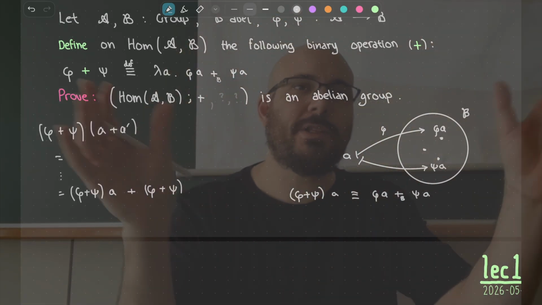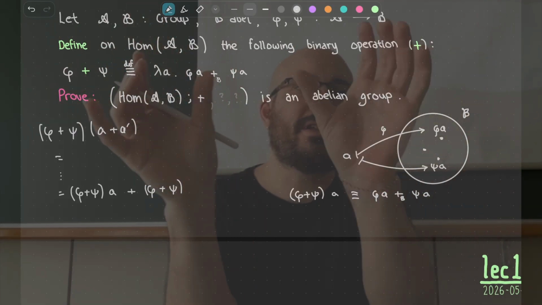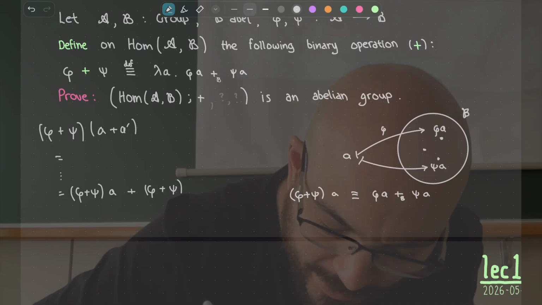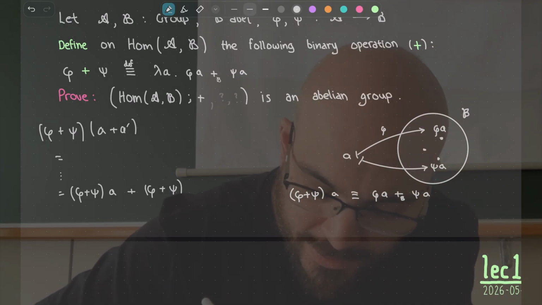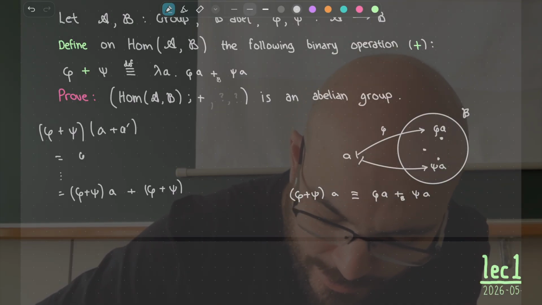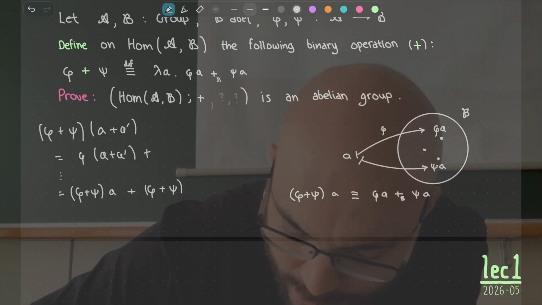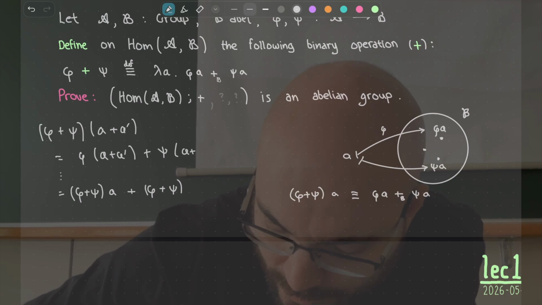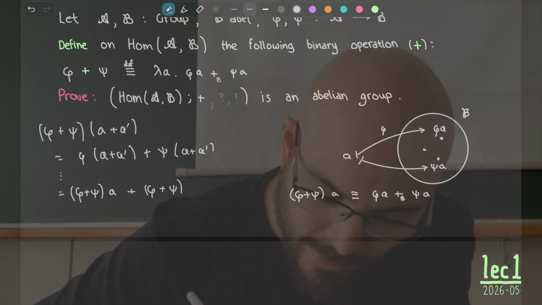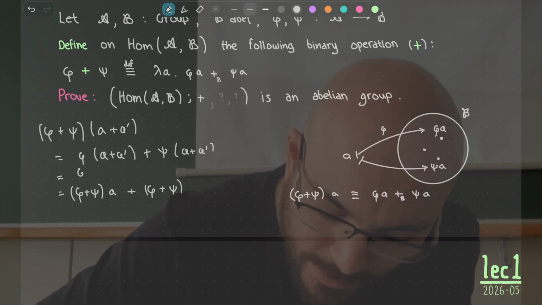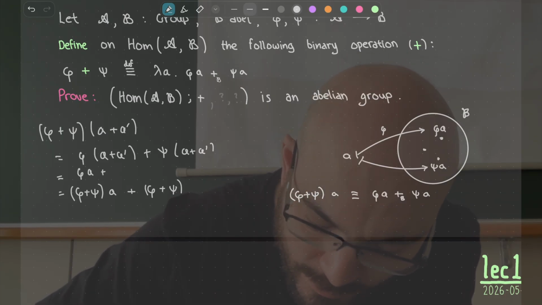Yeah, so associativity will help you group the parentheses the way you like, but essentially at some point you will need to swap. So the intermediate step here would be something like, let's apply the definition. It's phi to A plus A prime plus psi to A plus A prime. And now I know that each of these things is a homomorphism, so it respects these things.